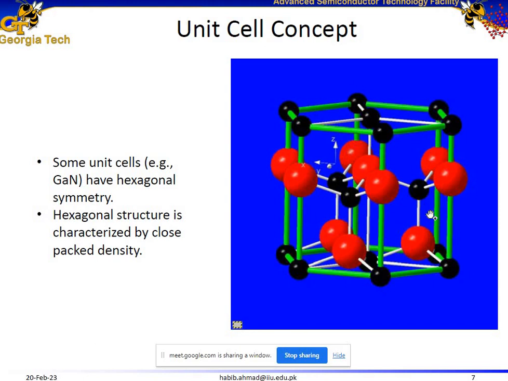Examples of hexagonal crystal structure are gallium nitride, aluminum nitride, indium nitride, and some other materials. One of the key characteristics of hexagonal crystal structure is that it has a tightly packed or closely packed atomic density, and because of that these are kind of robust materials.